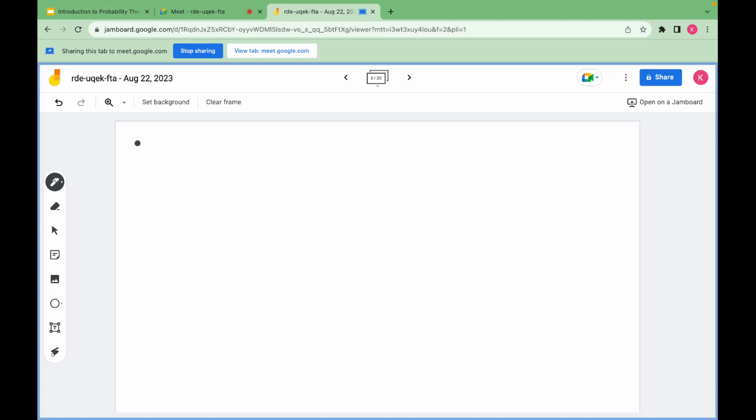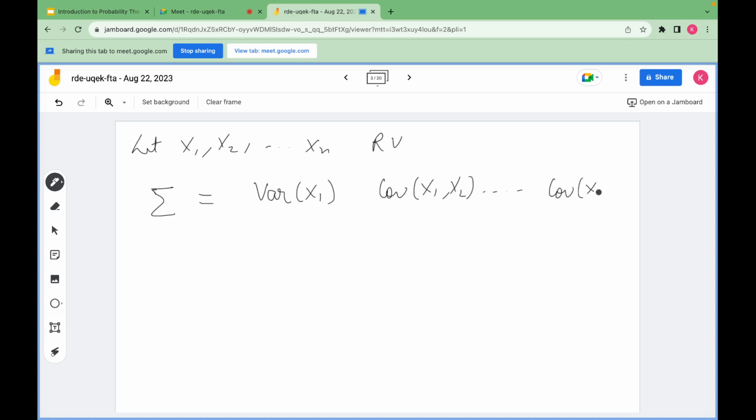So these are for two random variables. Now let there be X1 to Xn random variables, then there is a variance covariance matrix which is defined as: variance of X1, covariance of X1 comma X2, up to covariance of X1 comma Xn.